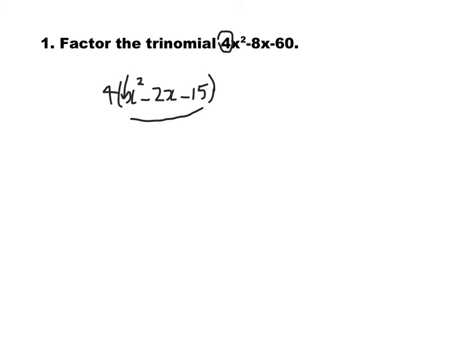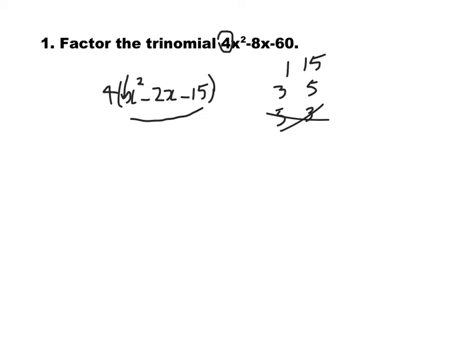The product is negative 15 and the sum is negative 2. First, forget about negative 15. Just find two numbers whose product is 15. Those numbers are 1 and 15, 3 and 5, and 5 and 3. But since 3, 5 is there, forget about 5, 3.